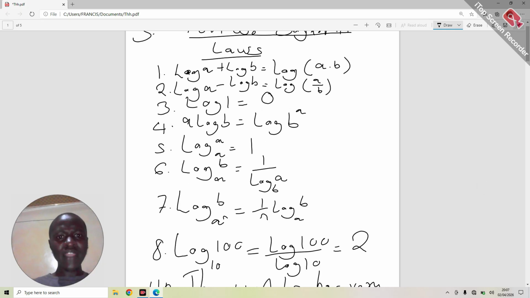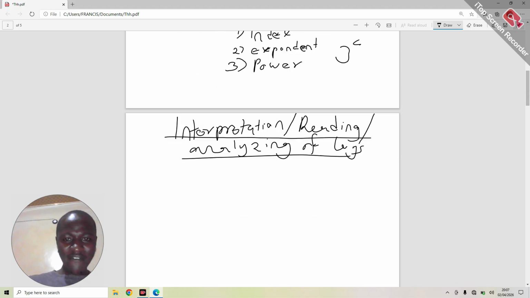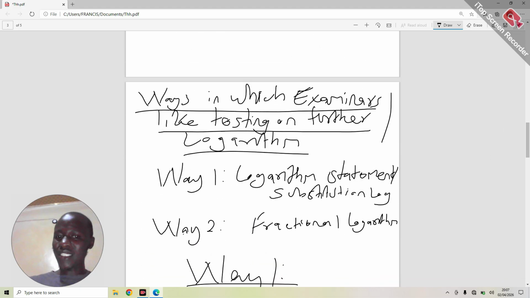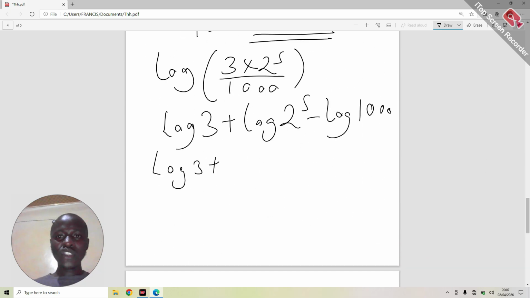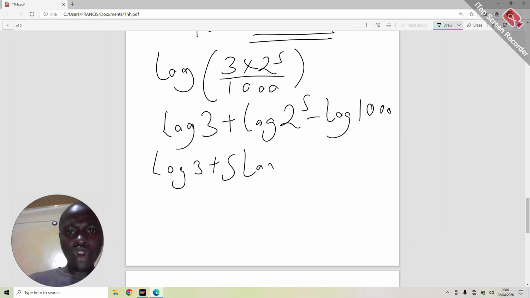So, there's a law here: A log B, law number 4. A log B equal to log B power A. Now just the vice versa. Log 2 power 5 now equals 5 log 2.